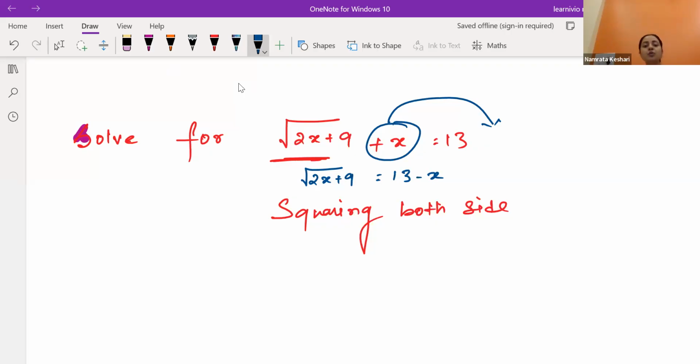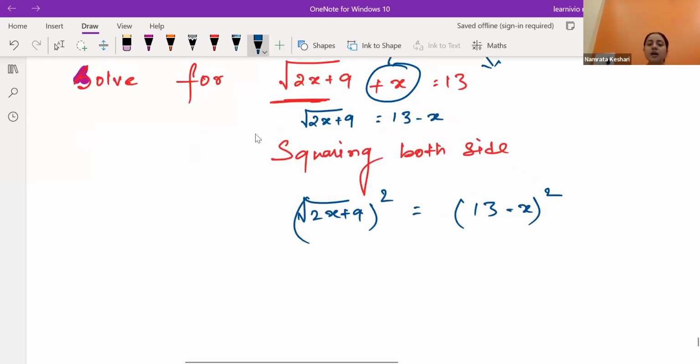Now we will do squaring both sides. That means we are squaring this side also and this side also. So root 2x plus 9 whole square will be what, Zoha? It will be just 2x plus 9.